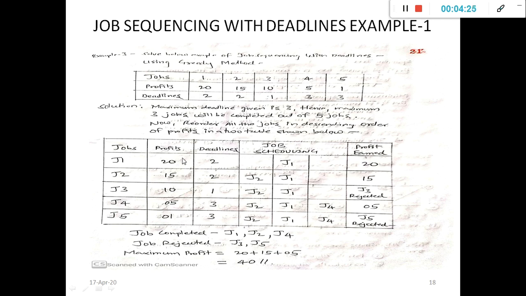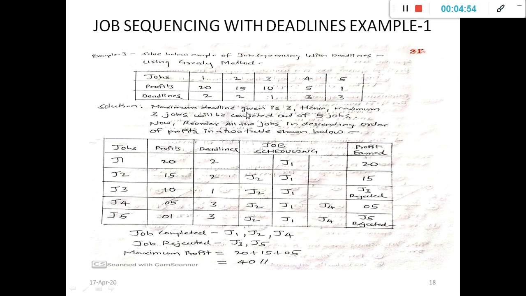Among all the given 5 jobs, job J1 has the highest profit, 20, and it has a deadline 2. Job J2 has the next highest profit of 15 with a deadline 2. Next job is J3 with a profit 10 and deadline 1. Similarly, J4 with a profit 5 and deadline 3, and J5 with a profit 1 and deadline 3.